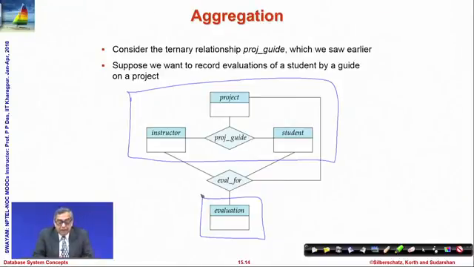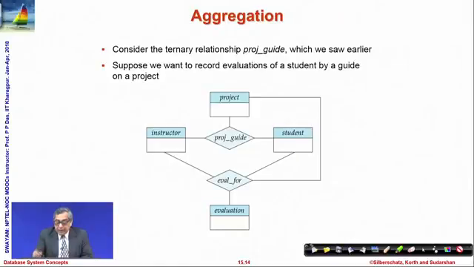Naturally, the evaluation of a student will be dependent on the project, the student and the supervisor, and that will relate to the evaluation. So, eval for is necessarily a relationship between 4 entity sets, so to say.